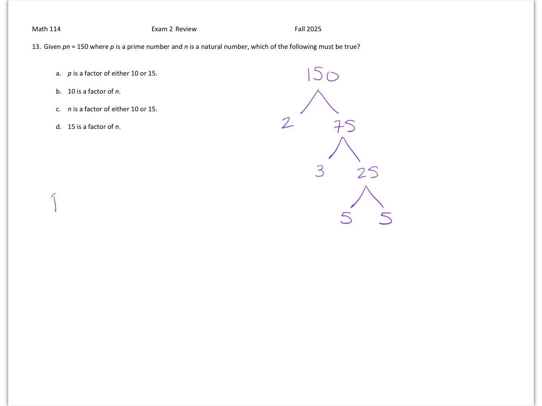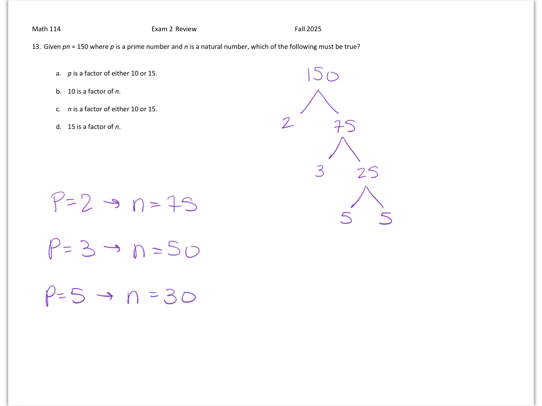Okay, so if p is 2, that means that n is 75. If p is 3, okay, n is, so 3 times what is 150? n would be 50. And if p is 5, that means n would have to be 5 times what is 150? 30. n would have to be 30.